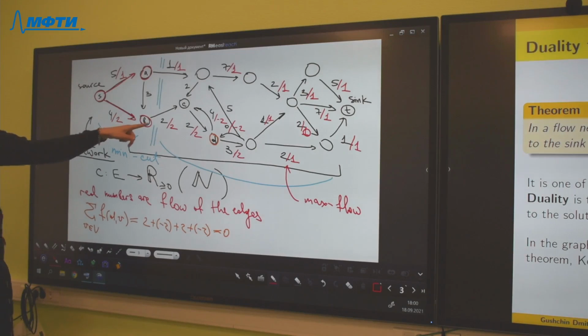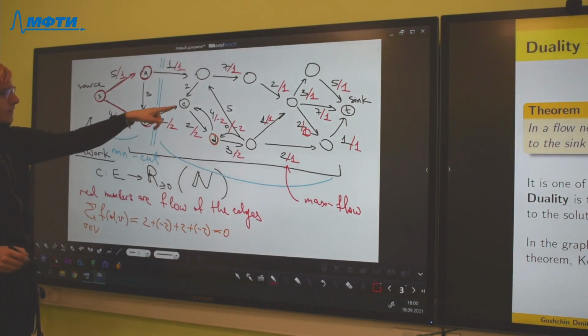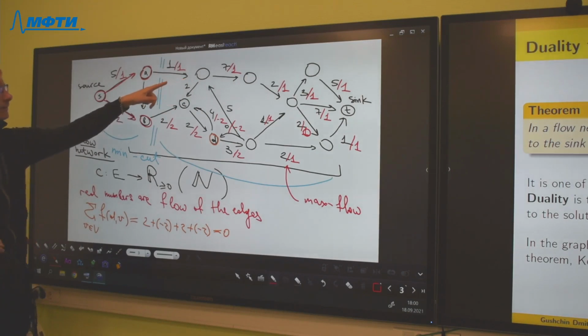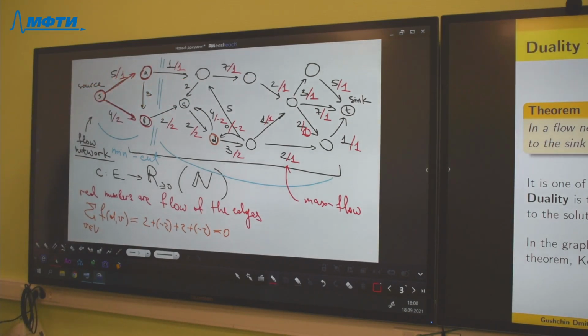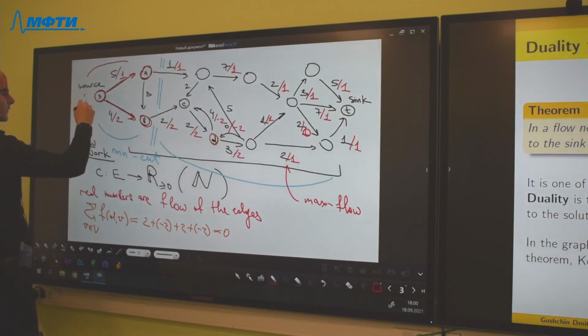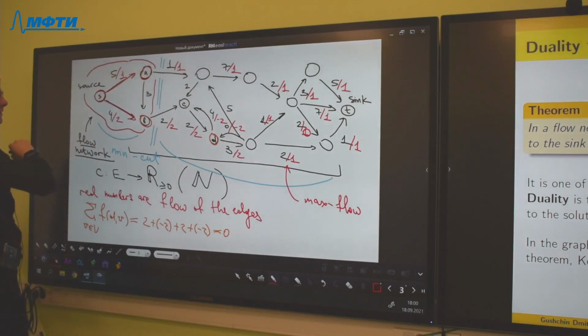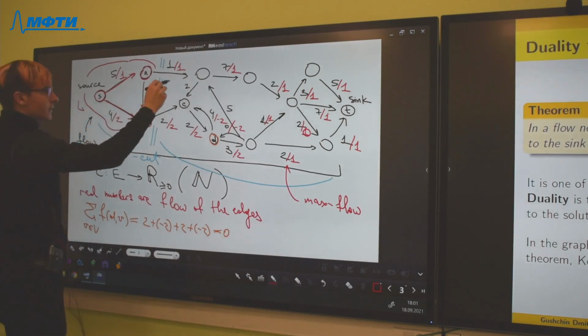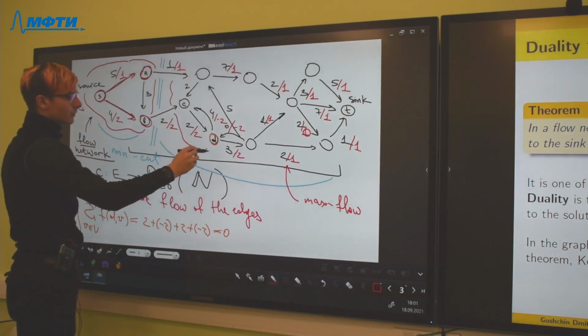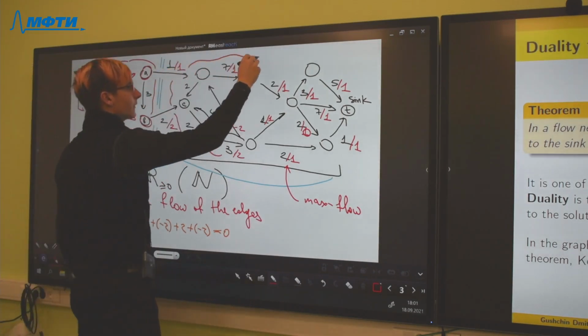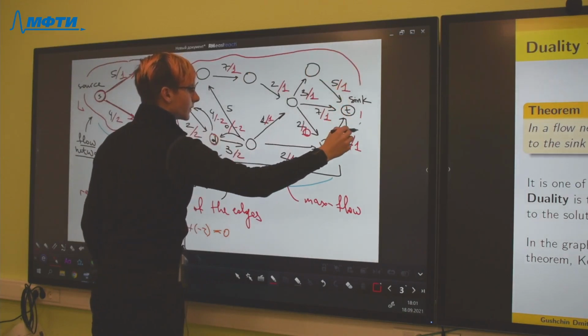But in the residual network, this edge and this edge have capacities equal to 0. So we say that the left part of this cut is equal to this subset of the vertices, and the right part is equal to this subset of the vertices.